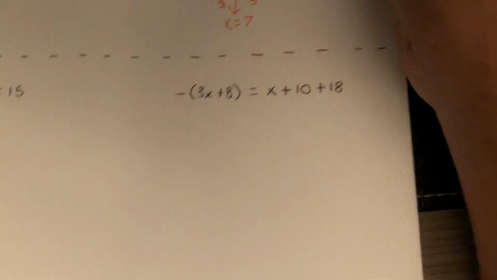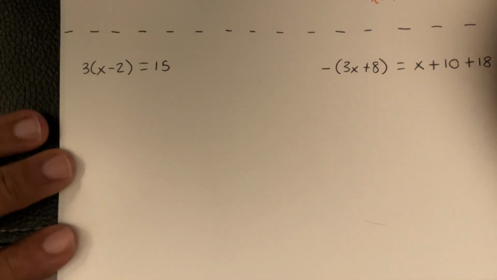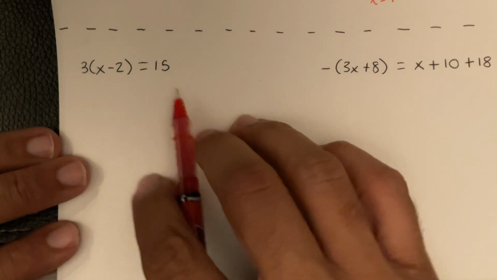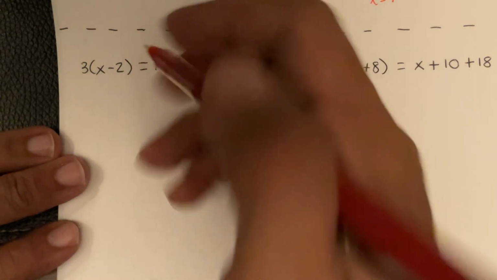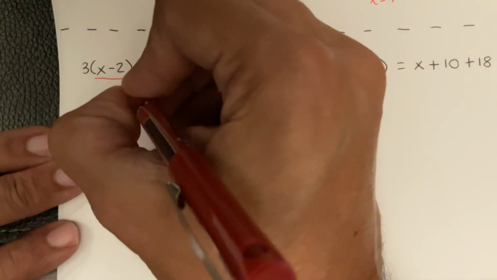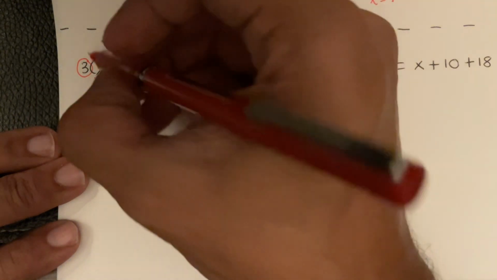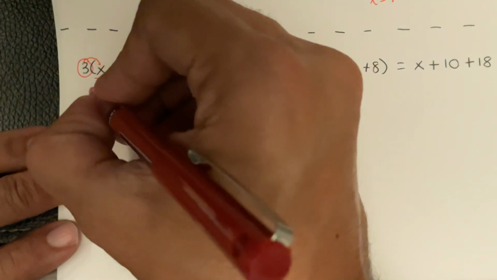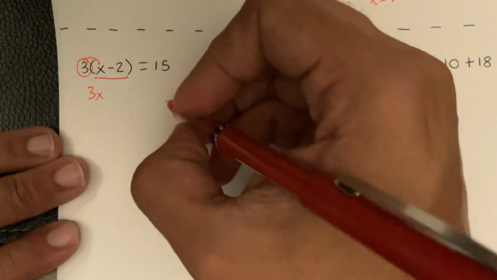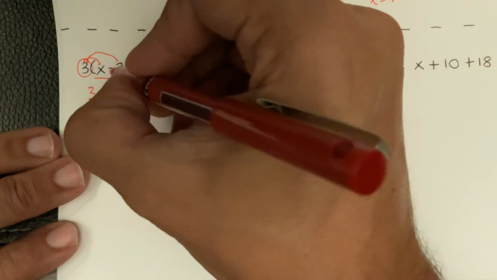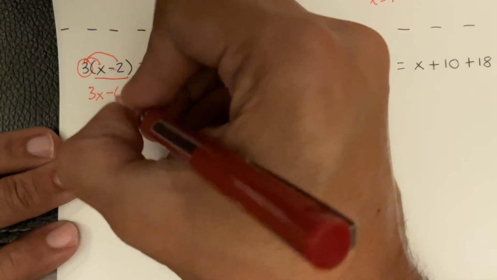Now we are going to solve the last two. So before you solve these, there's distributive property. So we're going to multiply everything in here. We're going to multiply it by 3 before we start. So 3 times x is 3x. 3 times the minus 2 is minus 6.